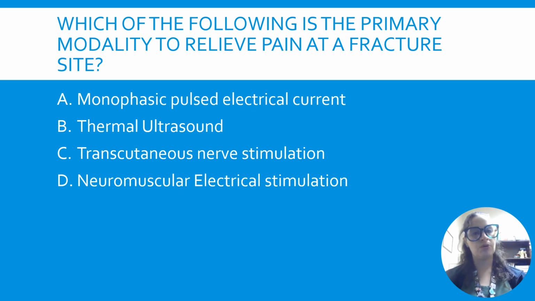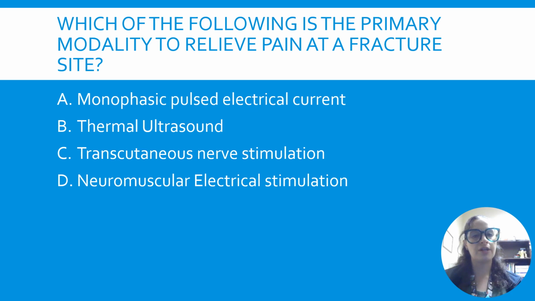No. So it's trying to trick you to pick ultrasound because you're like, oh, I heard Ms. Nieto say that you can use ultrasound for fractures, but I said you should not be using thermal ultrasound, and you should be using only a very low intensity, non-thermal, 20% type of ultrasound for fractures.